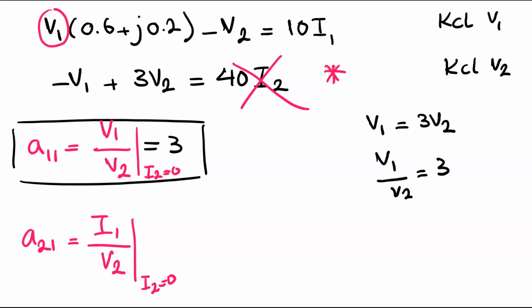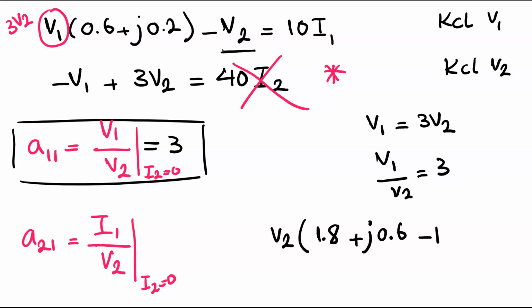So consequently, I'm going to have V2 multiplied by 3 multiplied by the inside of parentheses. It's going to be 1.8 plus j multiplied by 0.6 and then minus 1 because of this V2, equal to 10I1.